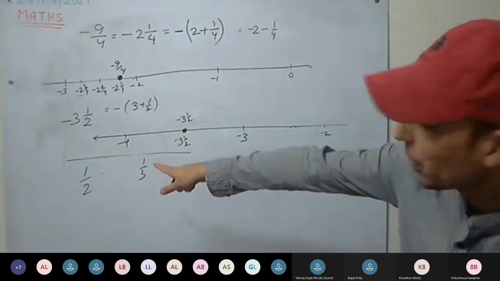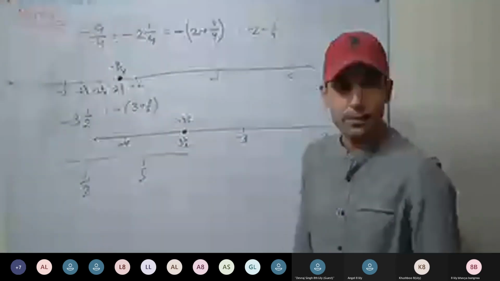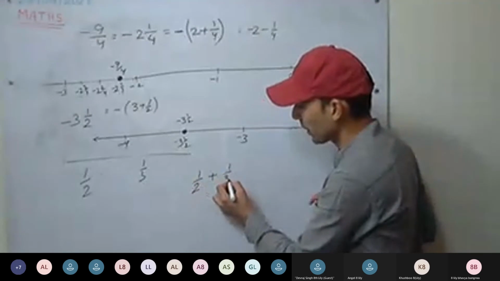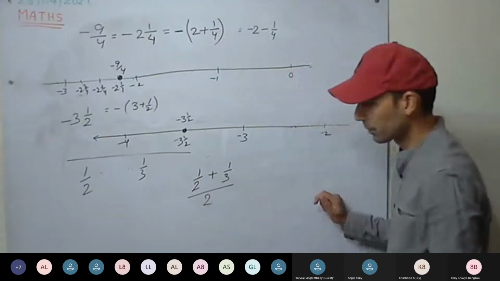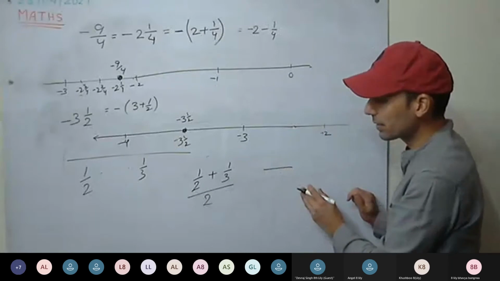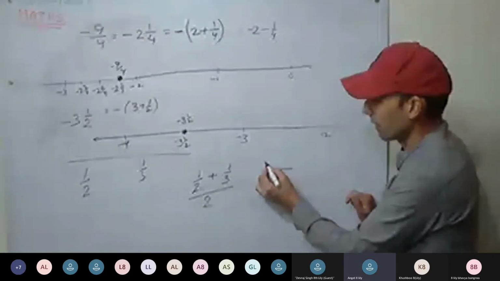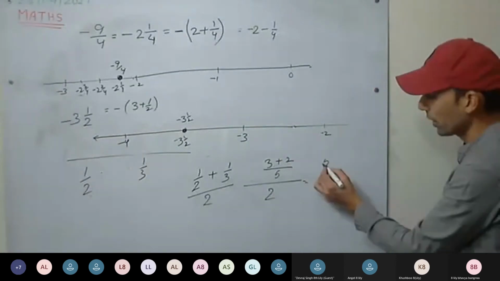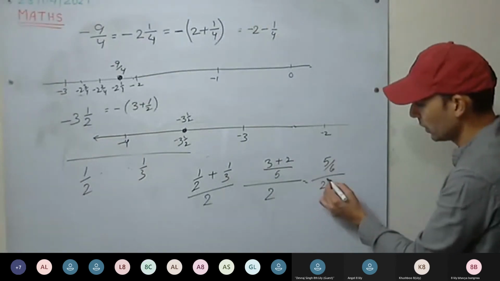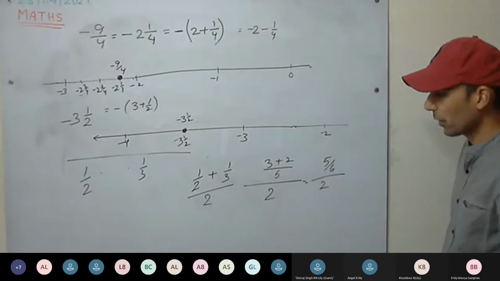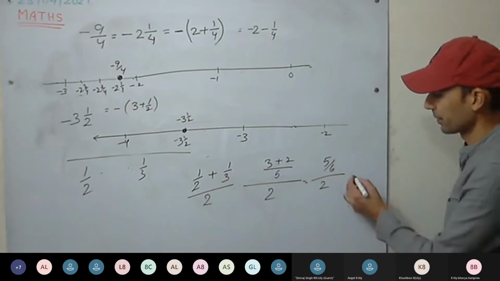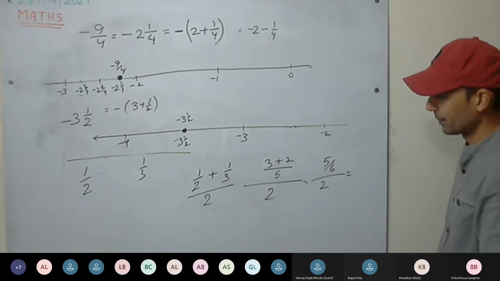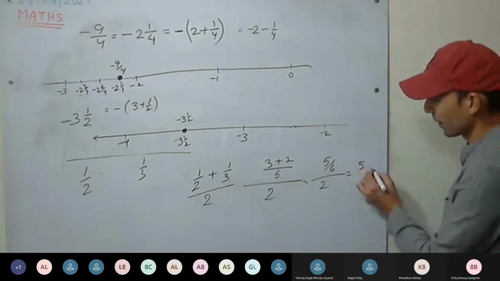Now insert a rational number between half and 1 by 3. So take the mean: 1 by 2 plus 1 by 3, divided by 2. What will be the LCM of these? 6. 3 plus 2, the whole divided by 2. 5 by 6, whole divided by 2. So next it will be how much? 5 by 12.